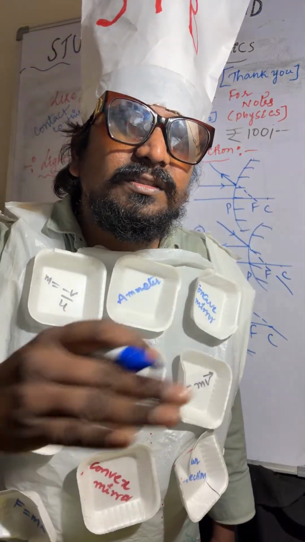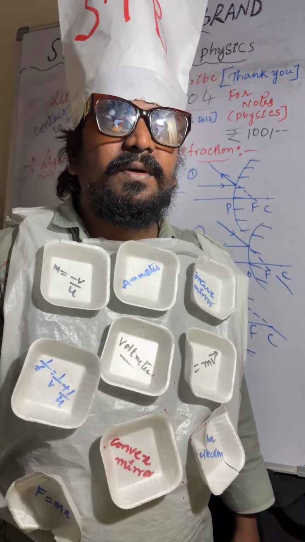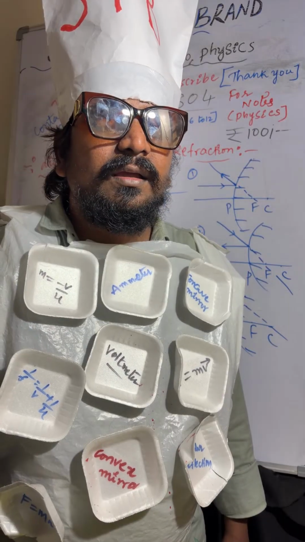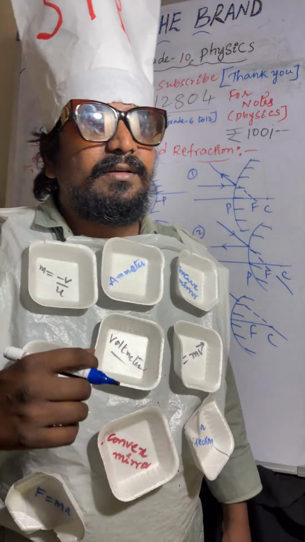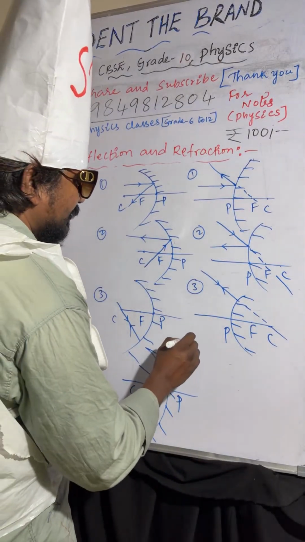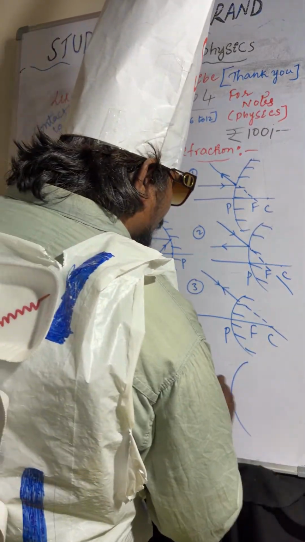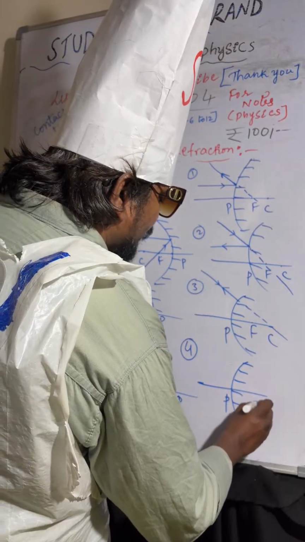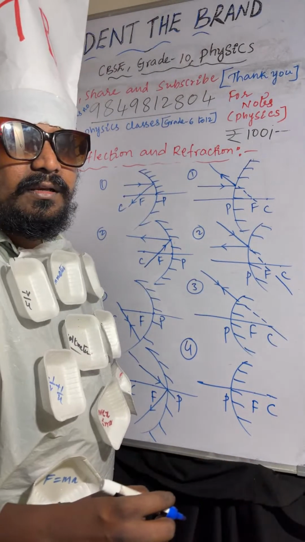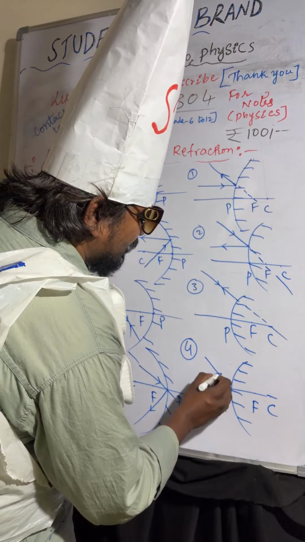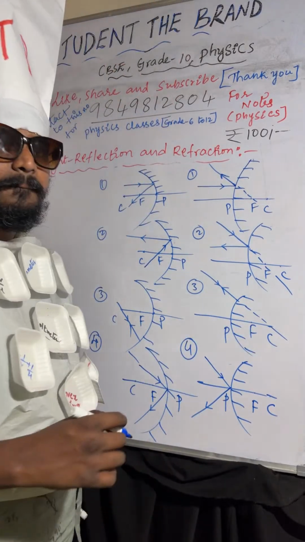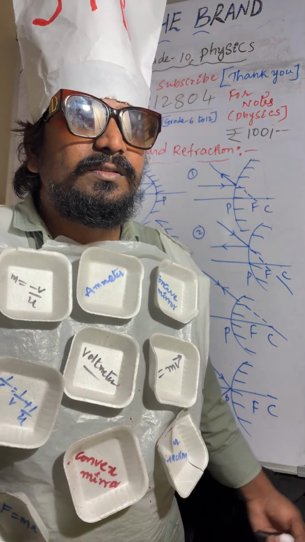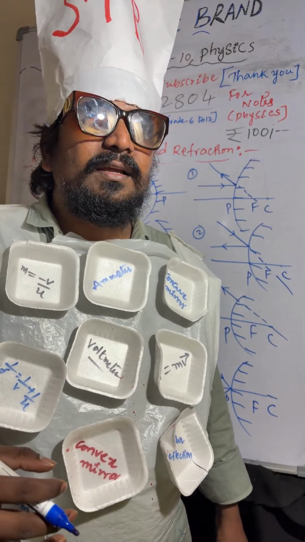Next one, with pole, focus, center of curvature, a light ray incident at the pole reflects back, like a reflection. Understood? I hope it is very clear.